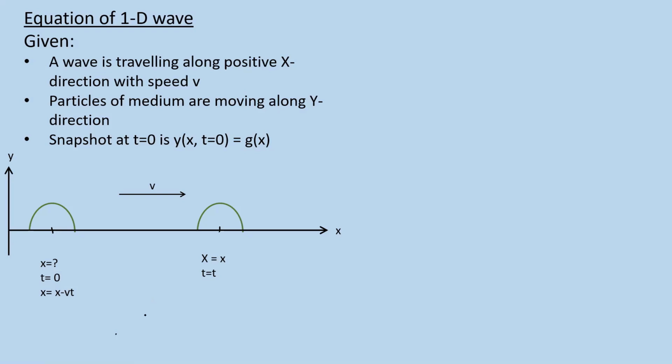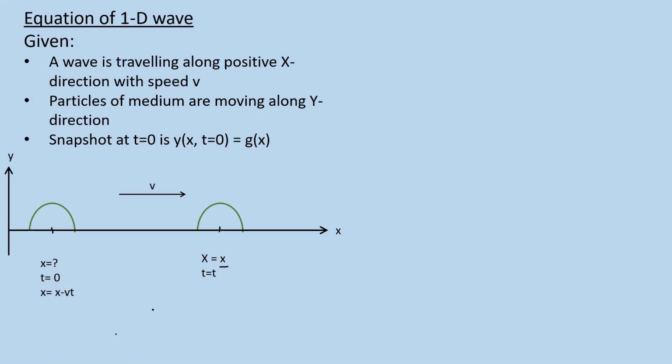So we have to find what was the position of the pulse at t equal to 0. Because it is traveling with velocity v and the time interval between the two positions is t, the distance between the two positions will be vt. So if this position is x, this position will be vt less than that, that is x minus vt.